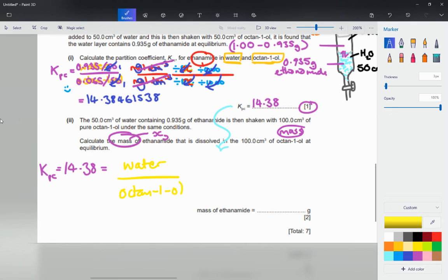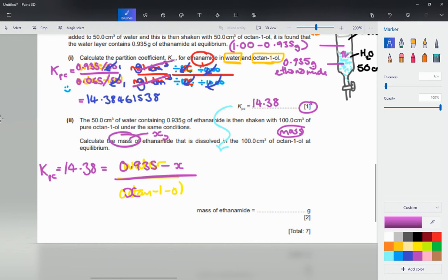an expression like this. So you start off with 0.935 minus a mass, let's say that's x, and that is going to be divided at some stage with, so this is the mass at the top, and the mass that goes into the octanol is your x.